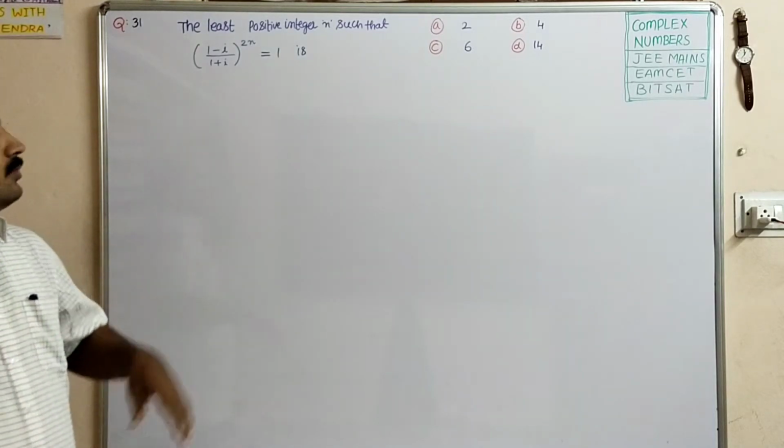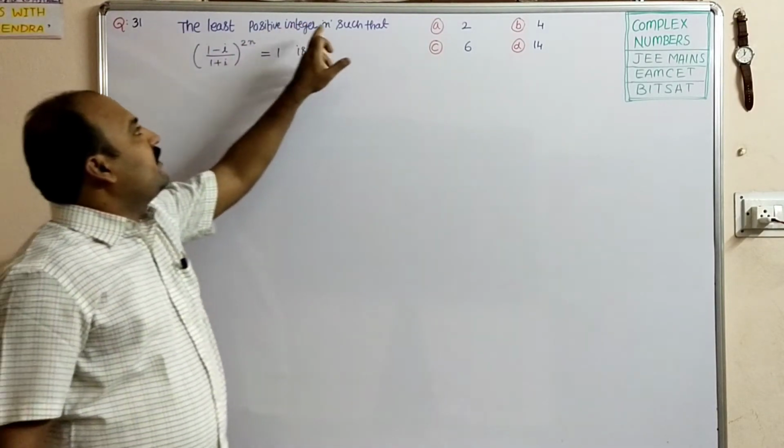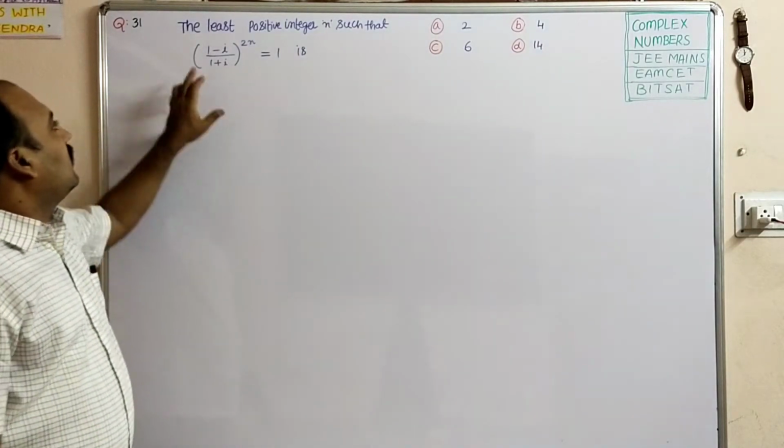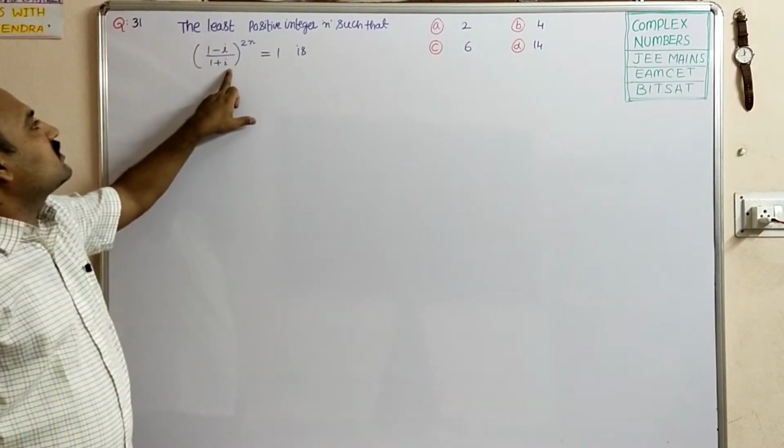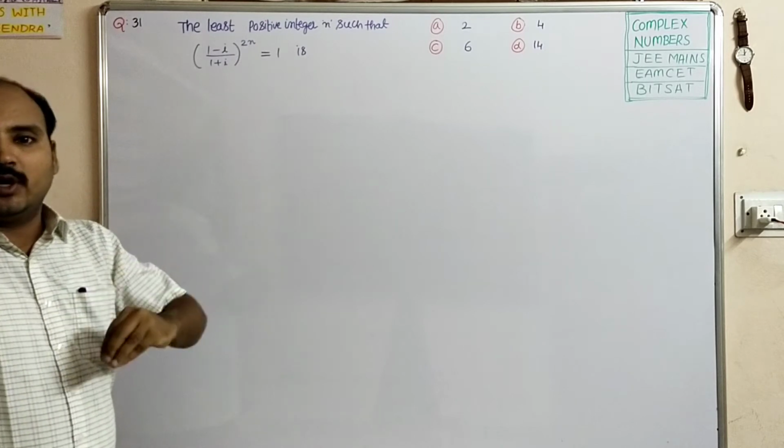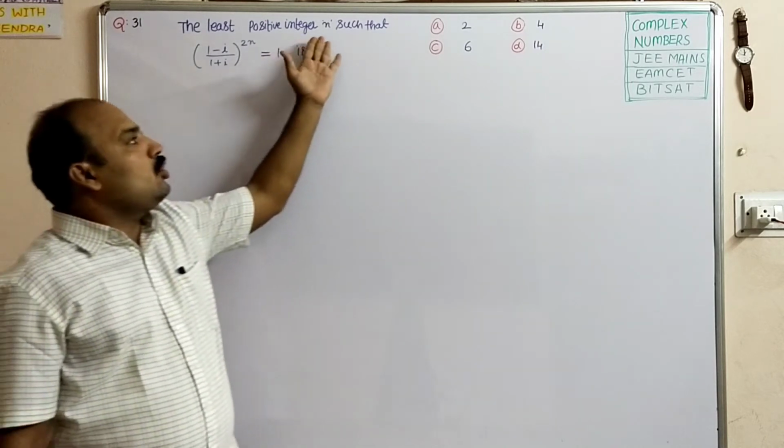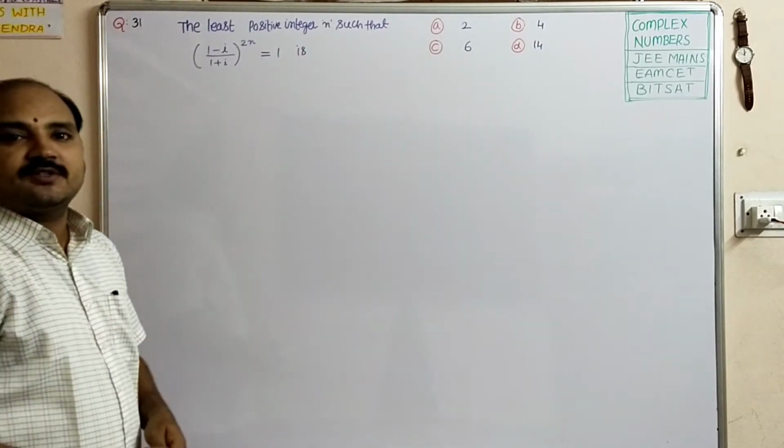The next question: the least positive integer n such that ((1 minus i) by (1 plus i)) whole power 2n equals 1. For what value of n, the least positive integer, they are asking.